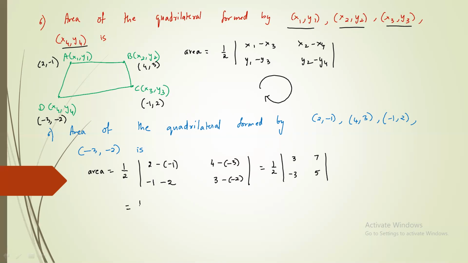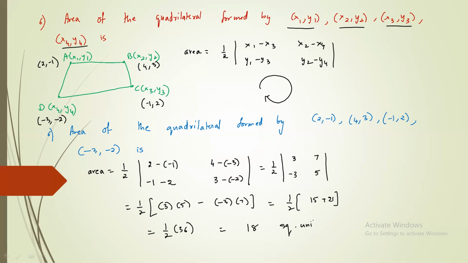And so when you find the determinant, you will multiply 3 and 5 minus 3 and 7. This will result in half into 15 plus 21, or it is half into 36. So the area of the quadrilateral is 18 square units.